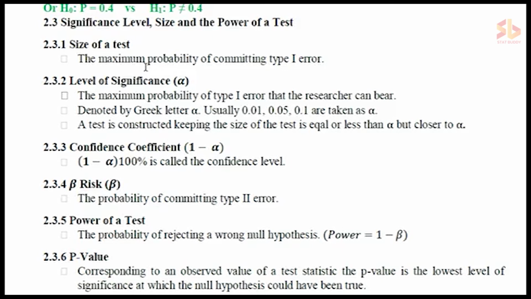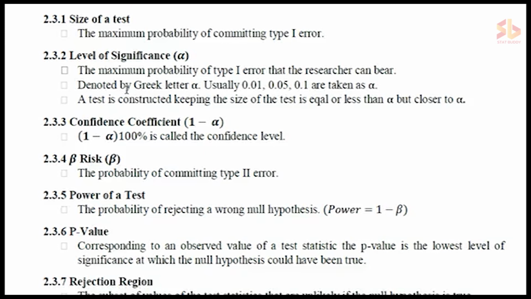And the level of significance. The level of significance is denoted by alpha and is the maximum probability of type 1 error that the researchers can bear. Most of the time it is 1%, 5%, and 10%.